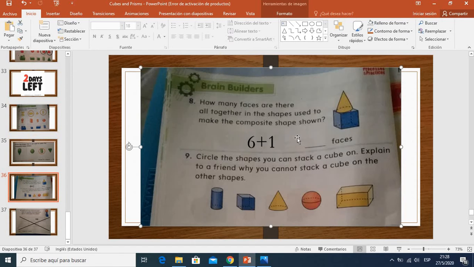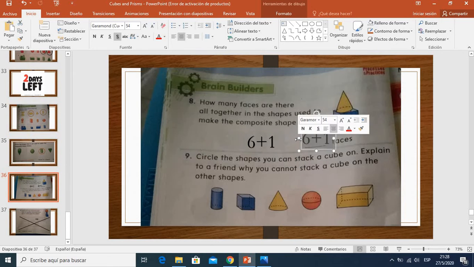So here you're going to write the number 7 on the line, okay? I made an addition, so I added the faces. 7 faces in all: 6 faces on the cube, 1 face on the cone. So there are 7 faces in all.